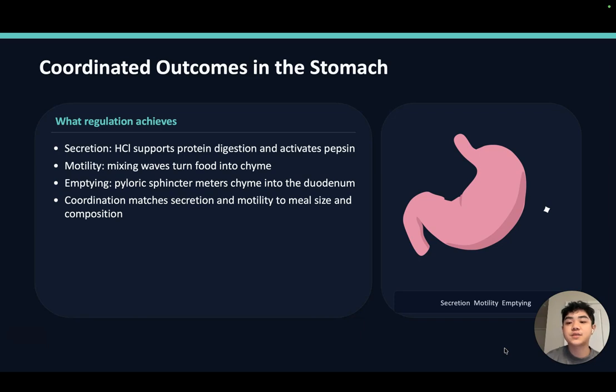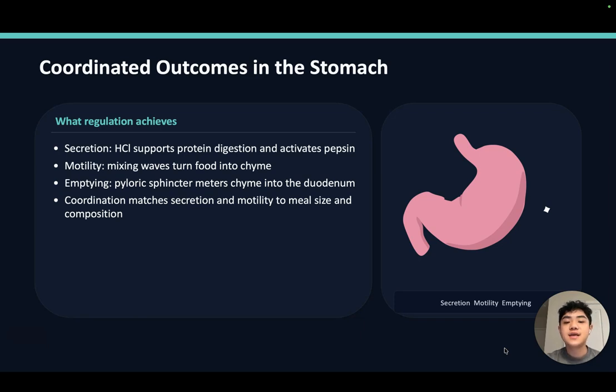Acid actually helps denature the proteins and creates the right environment for protein digestion. So the chief cells then release pepsinogen, and in the acidic environment, pepsinogen is converted into pepsin. Then pepsin begins breaking protein into smaller pieces.